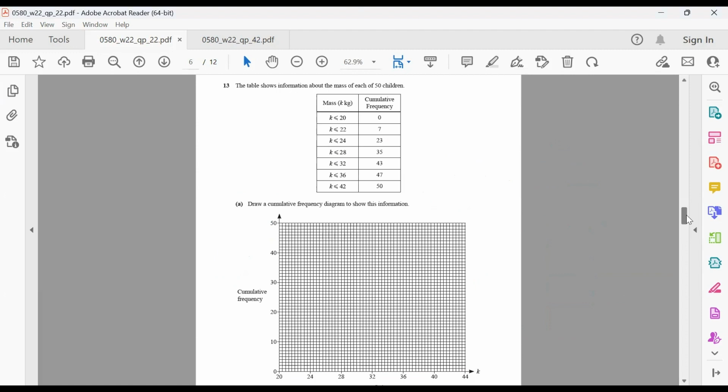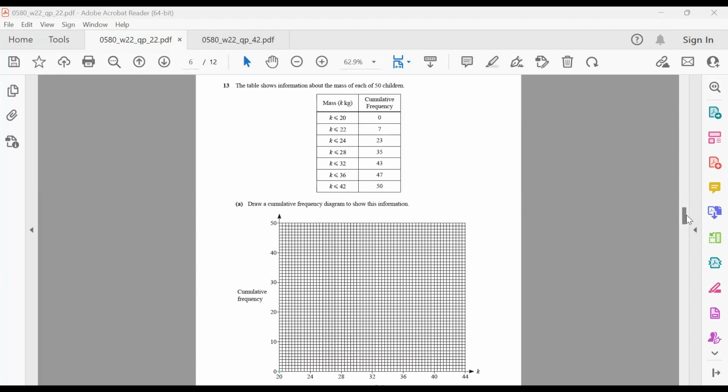Okay, question 13 is a cumulative frequency. This is different than your normal frequency diagrams or your box and whisker diagram. So let's see how to solve this. So we see when k is less than or equal to 20, the cumulative frequency is 0. So let's mark that point here.